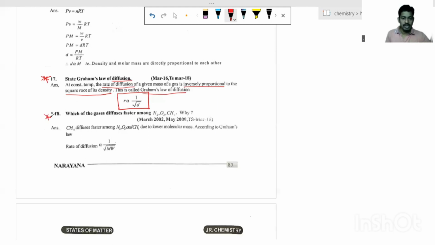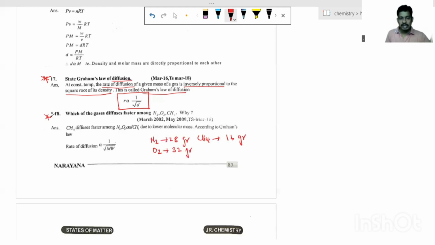So here if you see the molecular masses of these gases, nitrogen, if you consider, its molecular mass is 28, oxygen molecular mass is 32, whereas methane, that is CH4, is 16 grams. 16 grams, 28 grams, 32 grams.